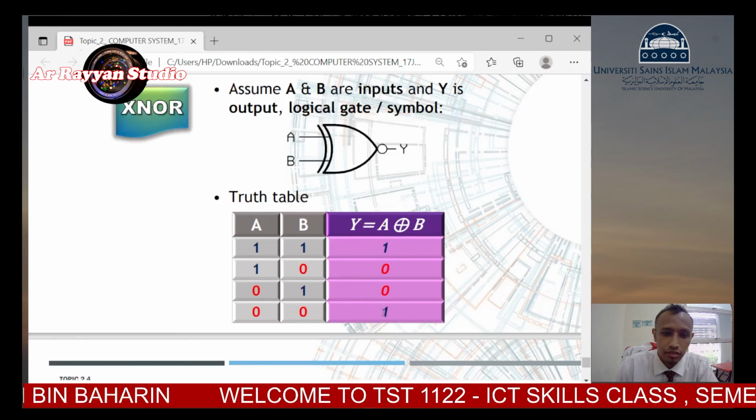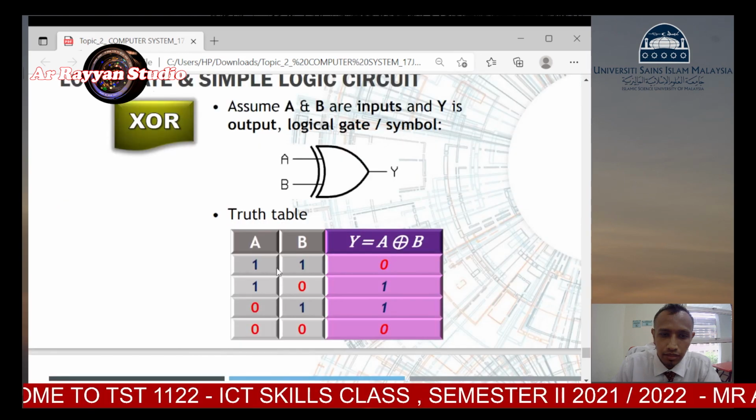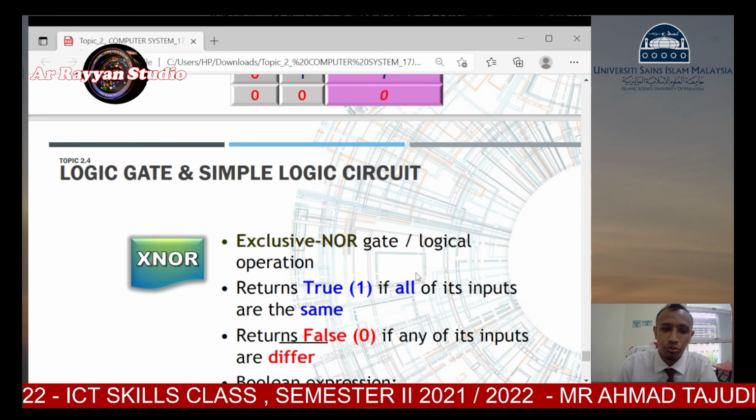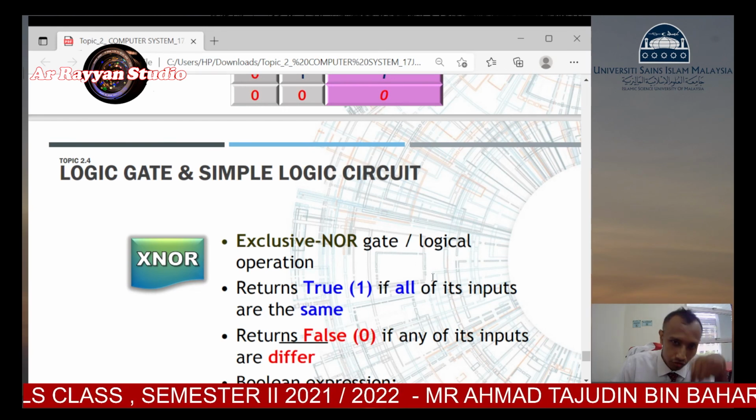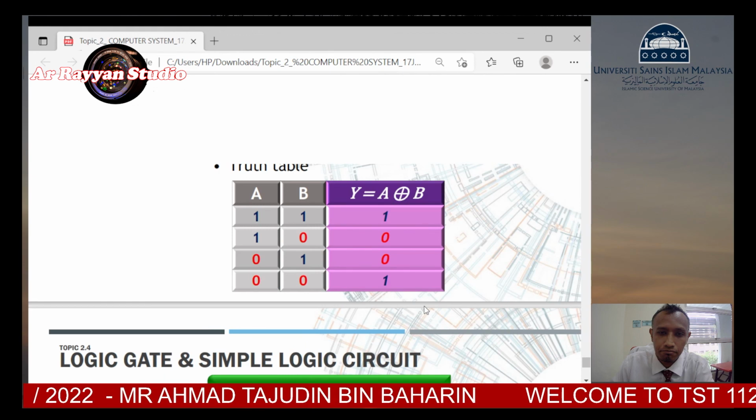Macam tadi dua benda yang sama akan jadi false. So dia terbalik lah sebab bila ada NOT gate tu, dia akan jadi terbalik jawapan.